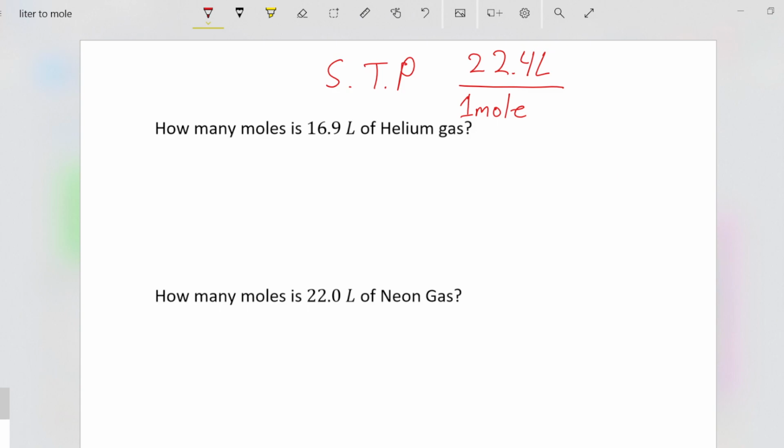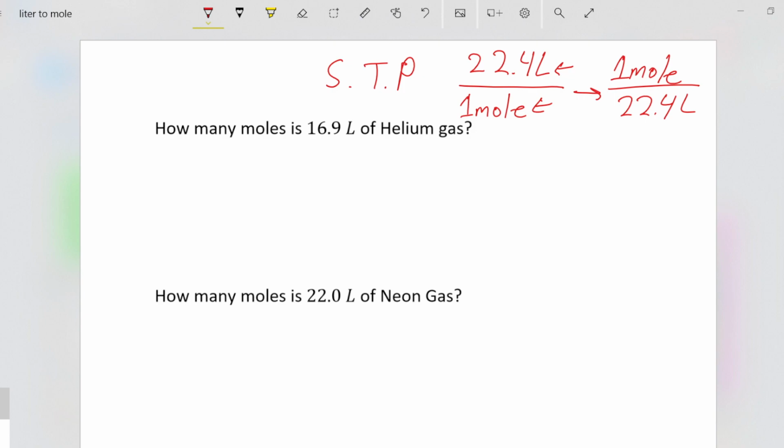So in one way I could say if I have 22.4 liters of a gas at STP, I will have 1 mole of it. Or I could say that if I have 1 mole of a gas at STP, it will occupy 22.4 liters of volume.